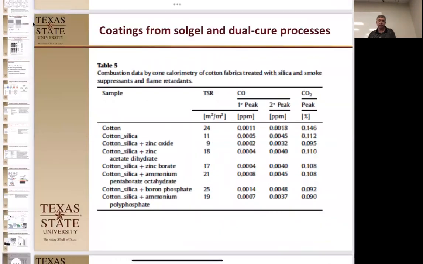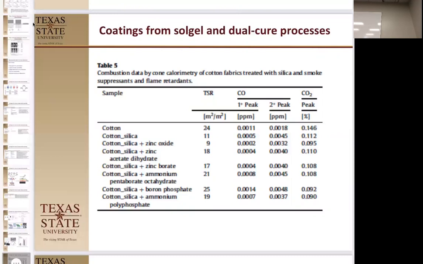Here is a different set of data from another study, where they're looking at cotton by itself, and this is total smoke release right here. By adding silica to it, you actually decrease the smoke quite a bit. Ammonium pentaborate and the boron phosphate did not decrease smoke significantly, and that is a maybe.